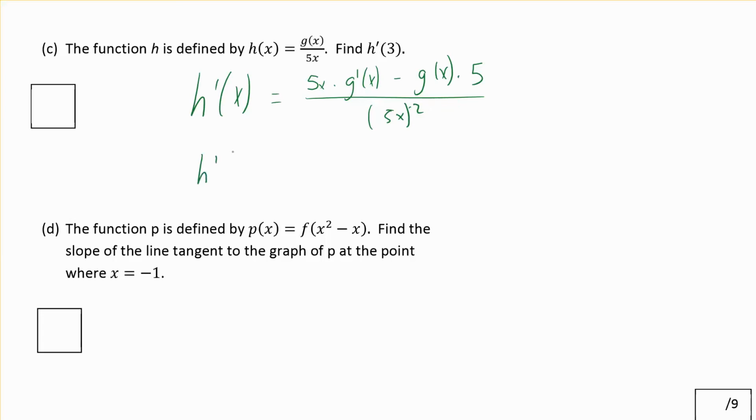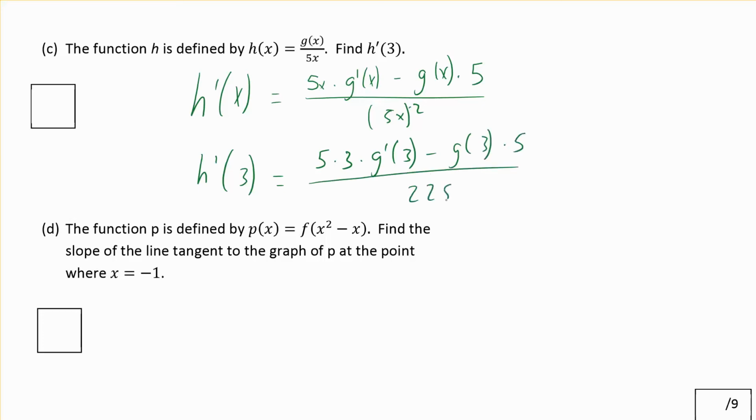If I want to find h prime of 3, I want 5 times 3 times g prime of 3 minus g of 3 times 5 over 225, or 15 squared. So now I've got to know what is g prime of 3 and what is g of 3.